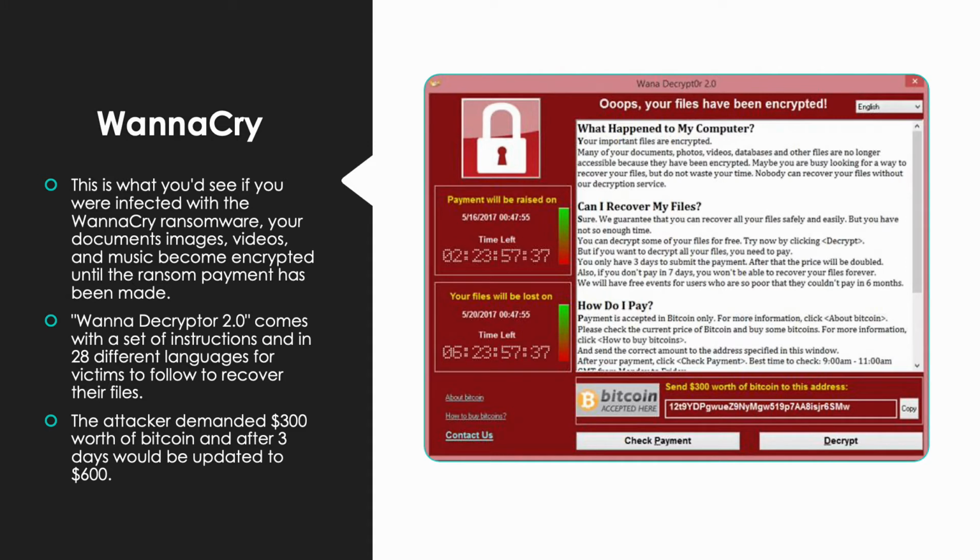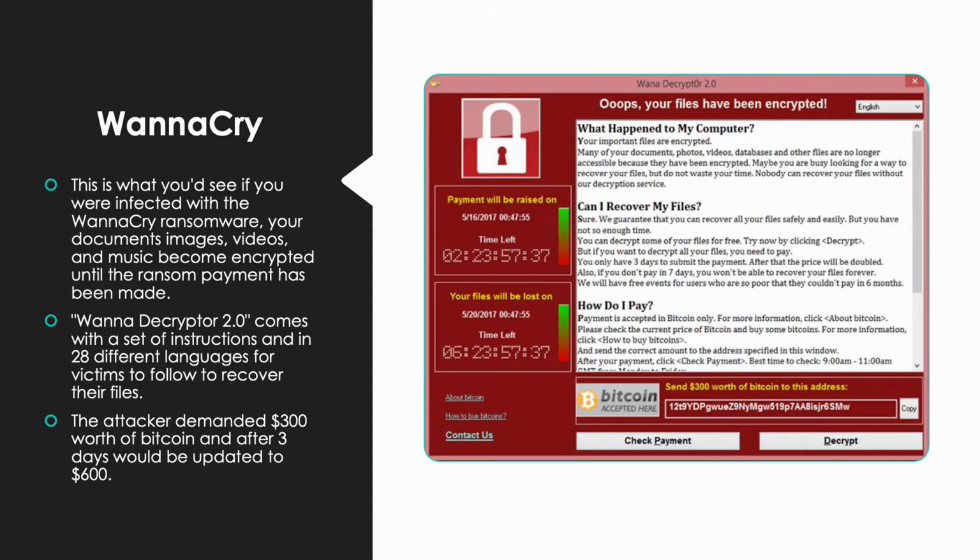The attacker demanded $300 worth of bitcoins, and after 3 days, if you didn't pay, it will be updated to $600, and after 7 days, your files will not be recoverable.